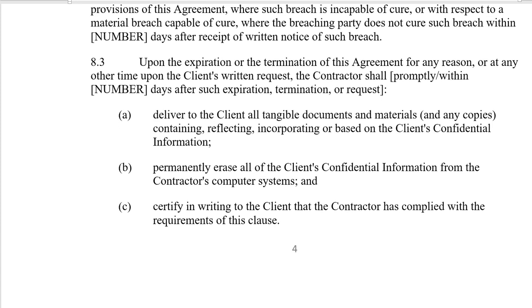And then upon the expiration of the agreement, you would require the contractor to deliver any documents or copies that are confidential and erase them.